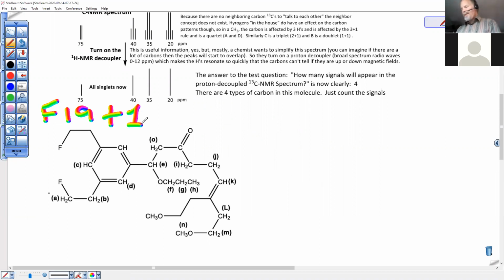I always have a little symmetry in these molecules. So we're looking for unique carbons. Let's just put a highlighter on them. That carbon is unique in this molecule. I think everything on the right side is unique almost. Unique, unique, unique, unique.